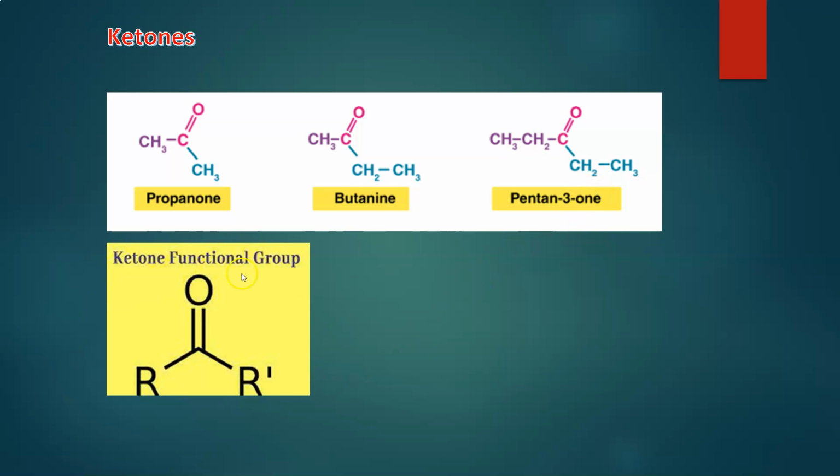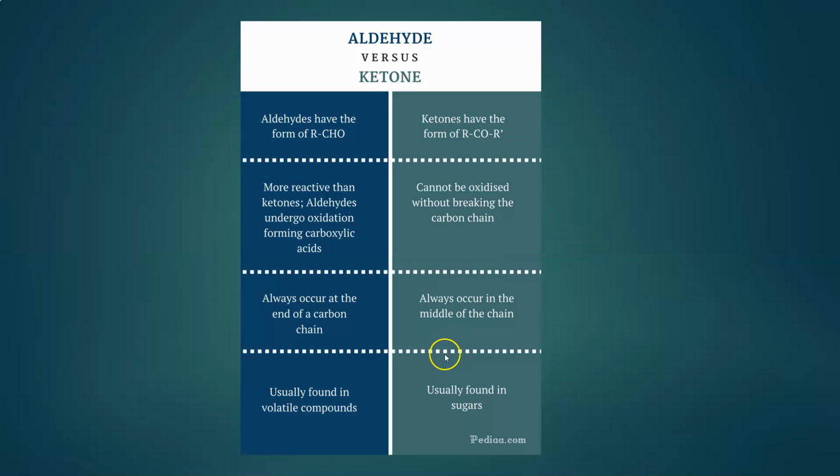Then the functional group of a ketone has a carbonyl group and 2 carbons beside this carbonyl group. Then aldehydes have the form of RCHO, while ketones have the form of RCOR. Aldehydes are more reactive than ketones.